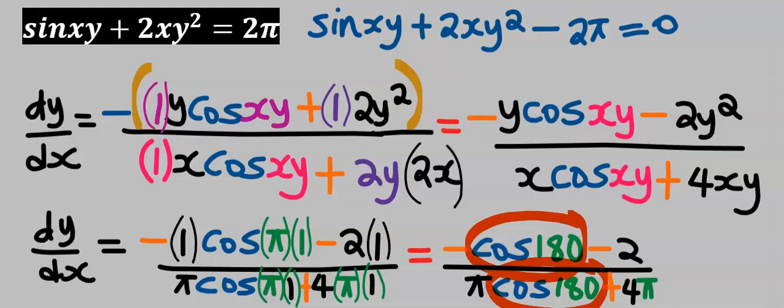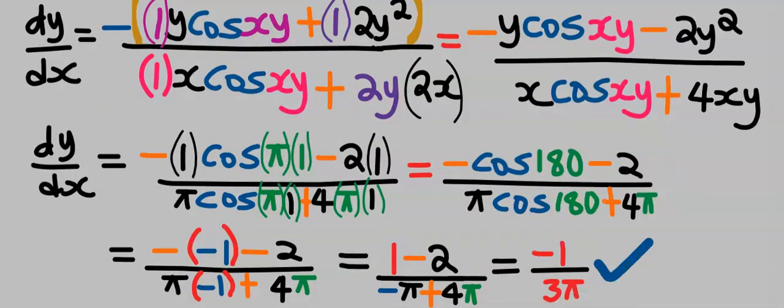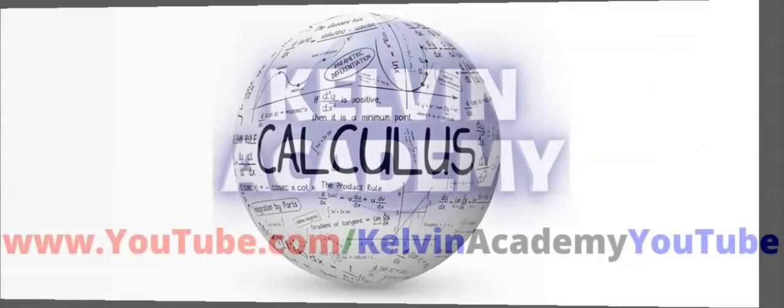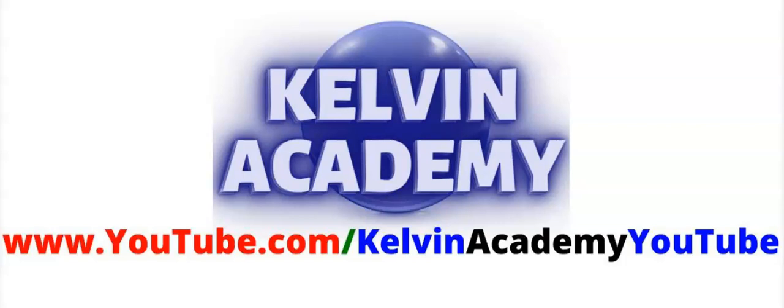Because pi in front of a trigonometric function is equal to 180. Solving carefully, we obtained -1 divide 3 pi. From the options, our answer is A. This is calculus. I will see you in the next video.